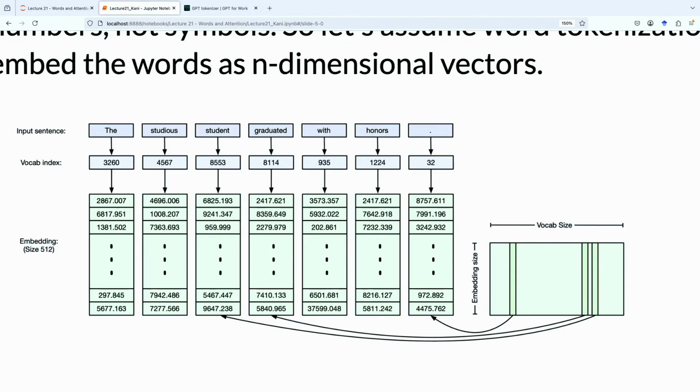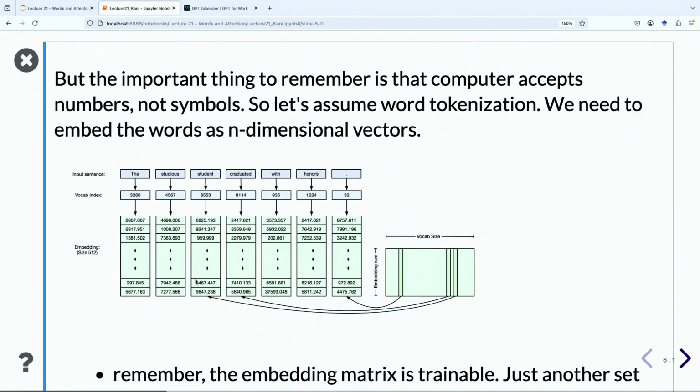There is that classic king and queen example that machine learning people like to tout all the time. Basically, the embedding for king minus the embedding for man is equal to the embedding for queen minus the embedding for woman. That sort of thing.